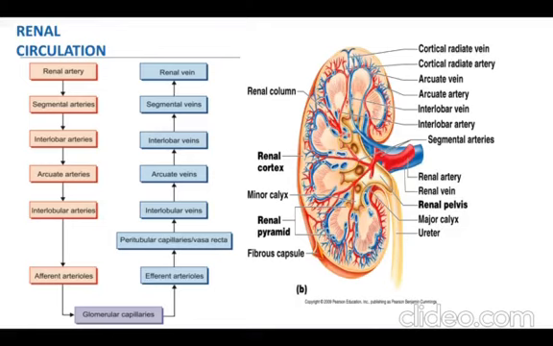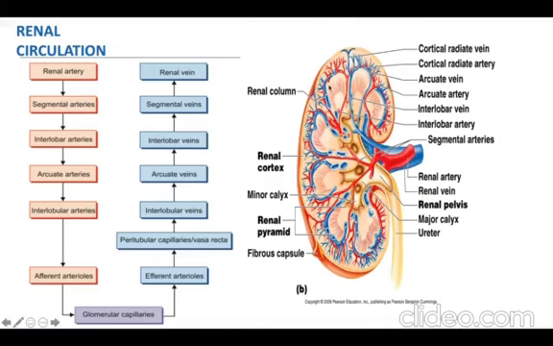Each segmental artery branches into interlobar artery, which is successive divisions form arcuate artery, interlobular artery, and afferent arteriole. So afferent arteriole give rise to glomerular capillary network that finally drains to efferent arteriole. Efferent arterioles then lead to a second capillary network, which is formed around the renal tubule, which we call it as peritubular capillaries.